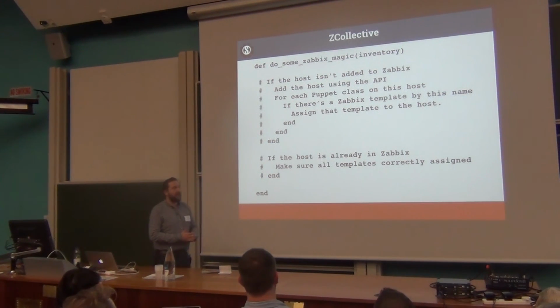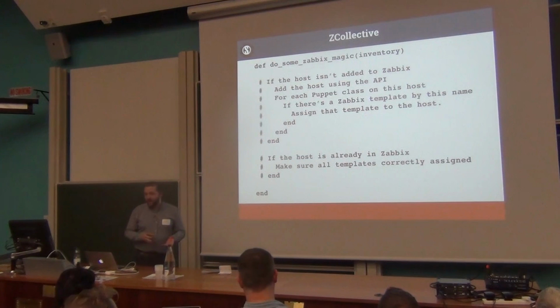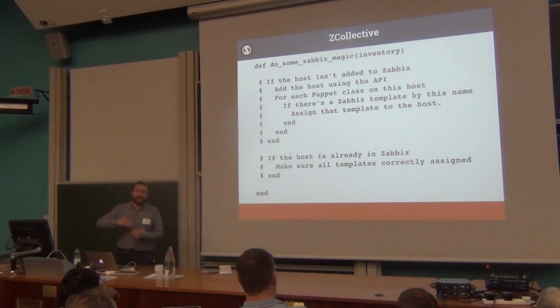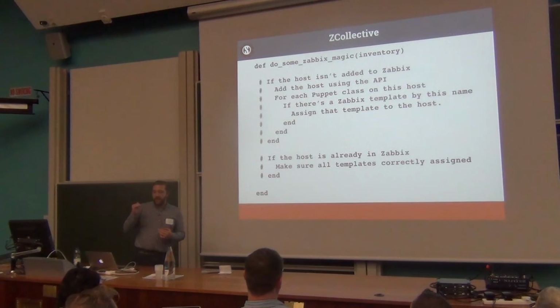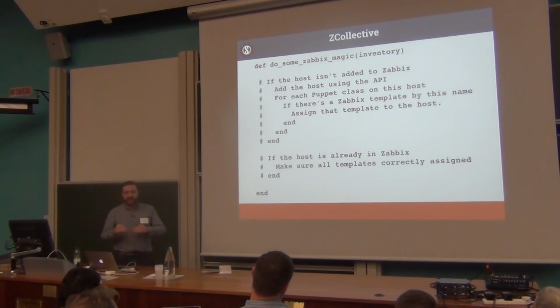Zabbix provides an API for doing these sorts of things. For every host that we find, if the host isn't already in Zabbix, then we add it using the API. Then we enumerate all of the public classes applied to that host that we've discovered from the inventory call, and we add each one that matches a Zabbix template name. For example, SF Apache covers our Apache install.